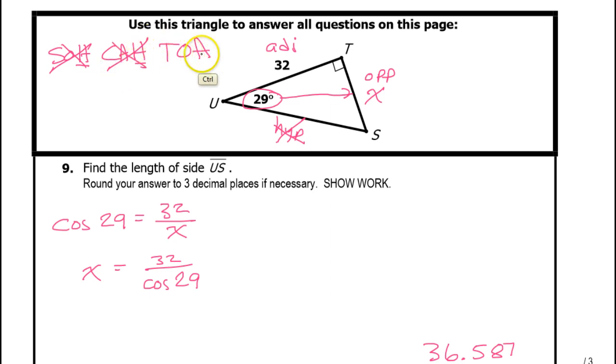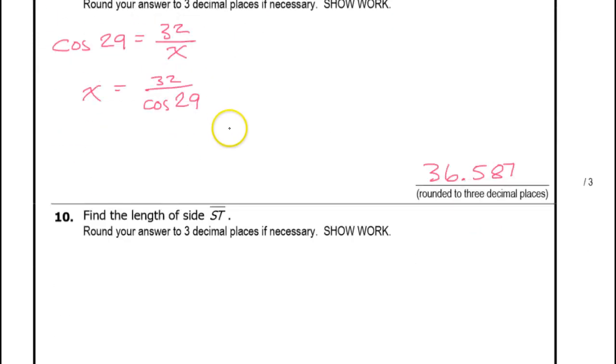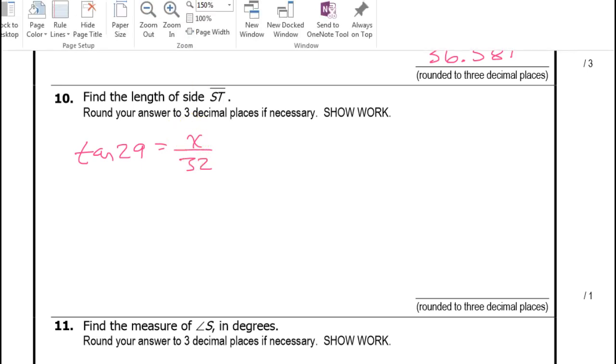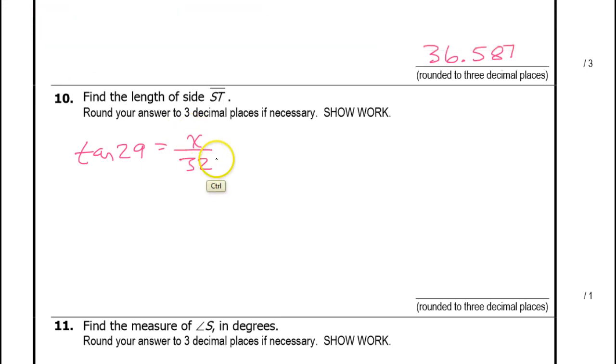Tangent is opposite over adjacent. So we will wind up writing the equation tangent of the angle is equal to opposite over adjacent. So that'll be x over 32. When the variable is in the numerator, that's when you multiply both sides by the denominator.